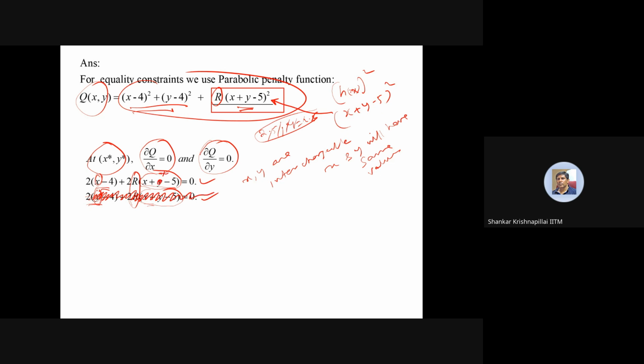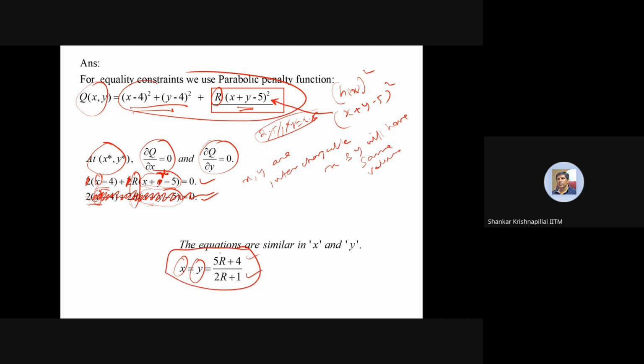Then this 2 will cancel, and from this equation we get the solution: x equal to y is equal to (5R plus 4) by (2R plus 1).